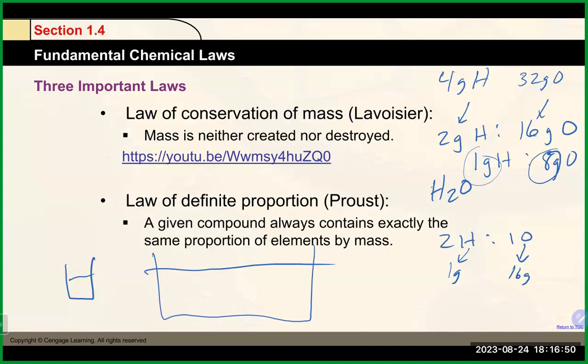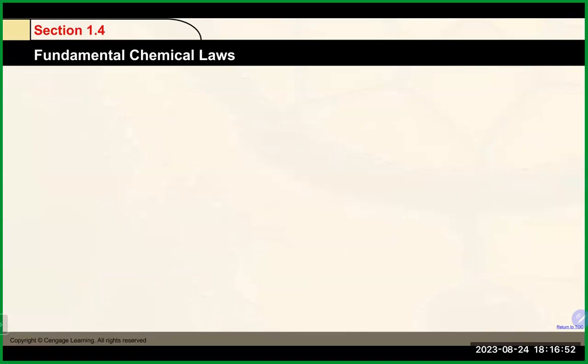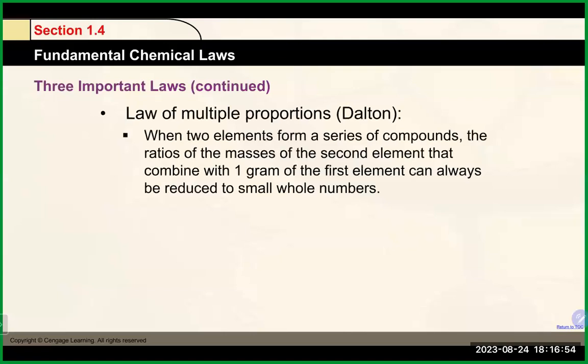Any questions on that? Now, another important law is the law of multiple proportions that was done by Dalton. And what Dalton said was, when 2 elements form a series of compounds, the ratio of masses of the second element, when it combines with 1 gram of the first element, will always end up in a whole number.